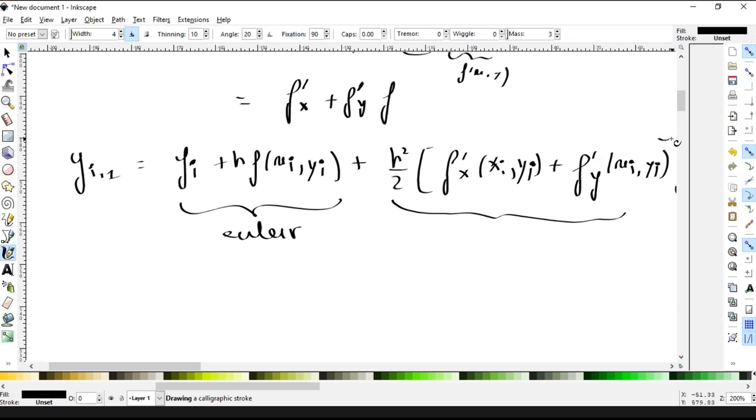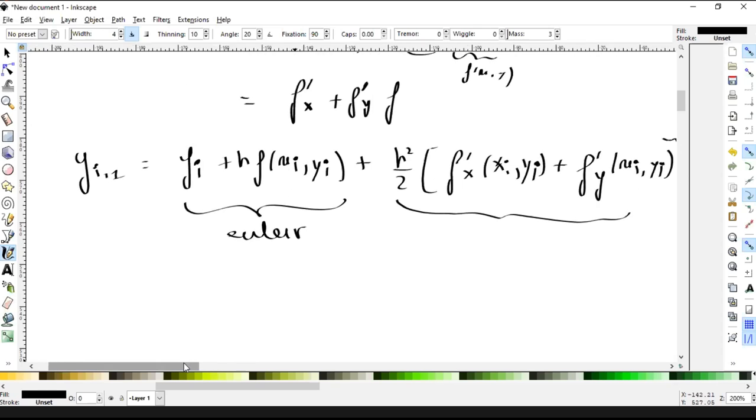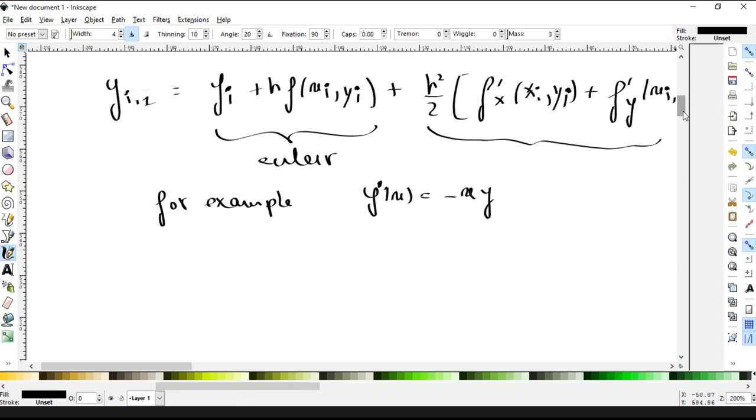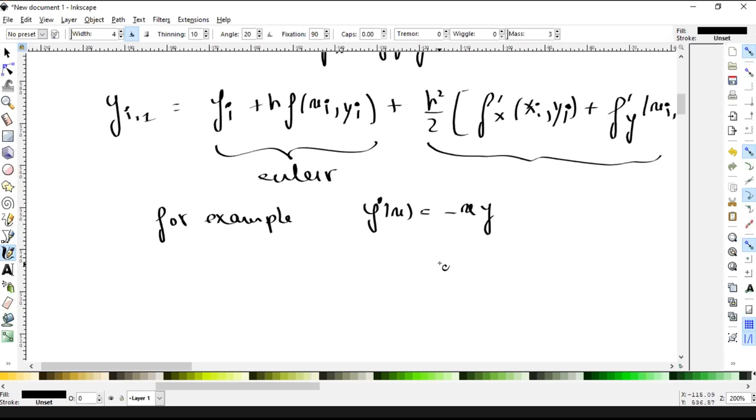Now, as an example, if we take y prime of x equal to minus xy that we considered before, the solution of this is a Gaussian. So this is the f of xy.